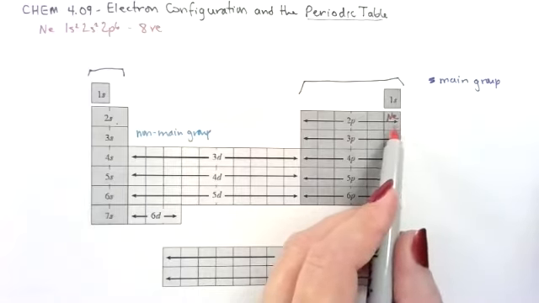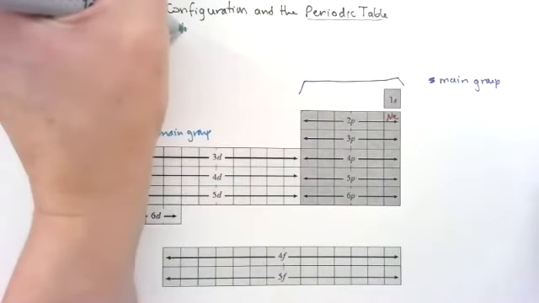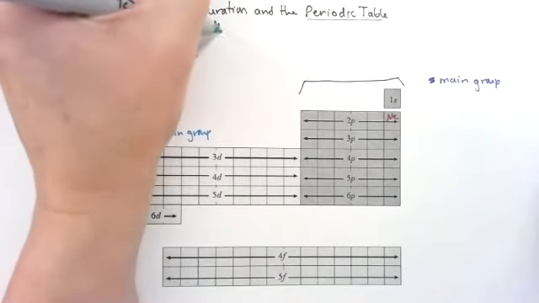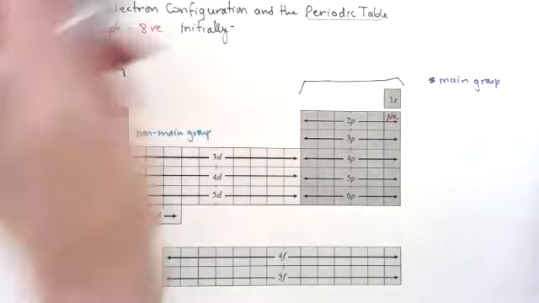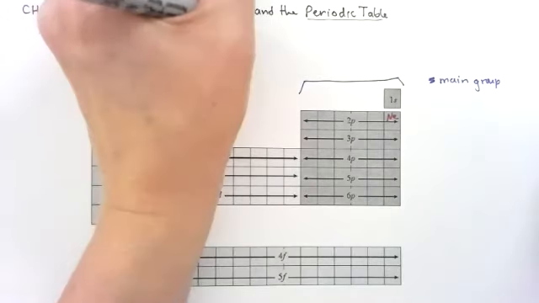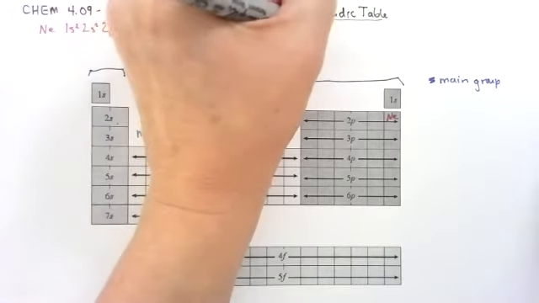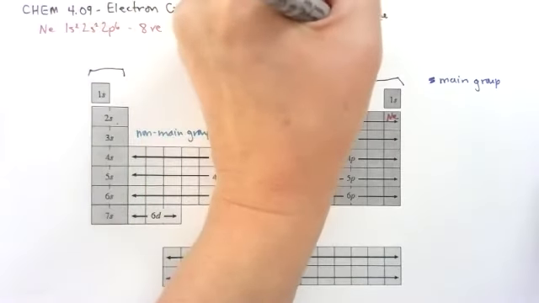The cool thing is the periodic table was developed before scientists knew anything about electrons. Initially, elements were placed by their properties.